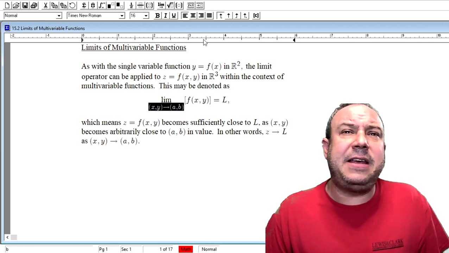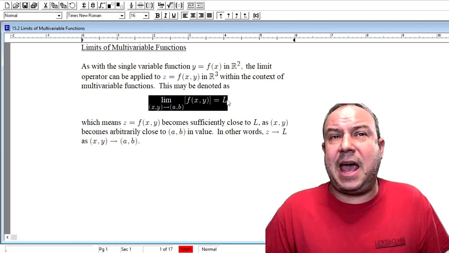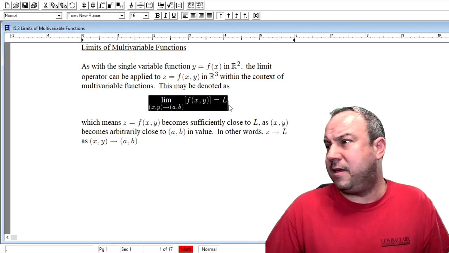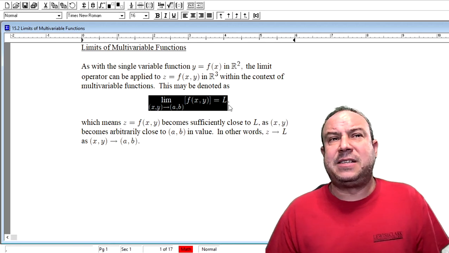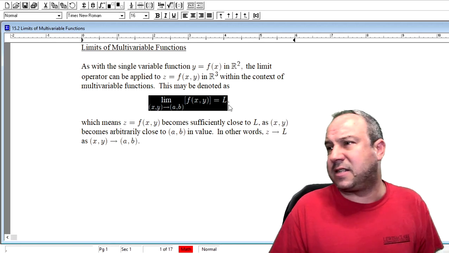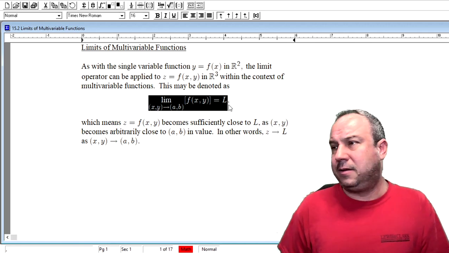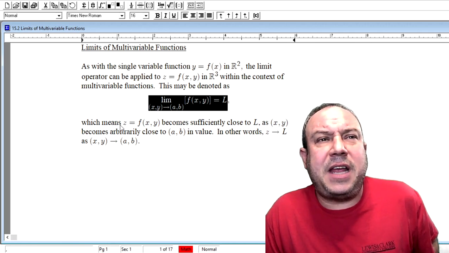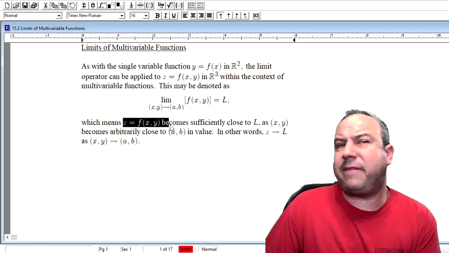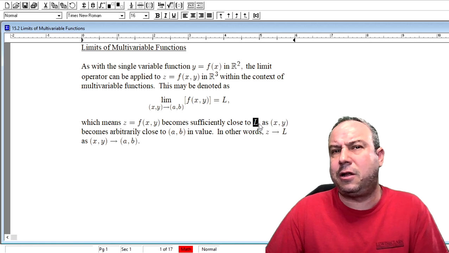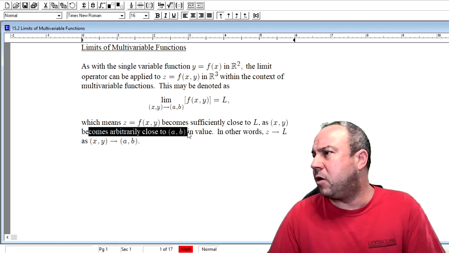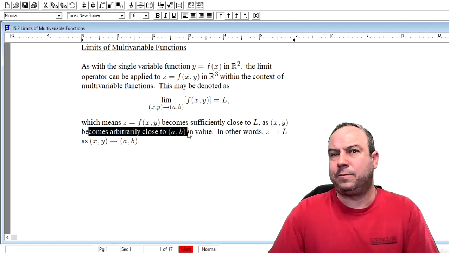Right? And if that limit equals L, the way we understand this statement, the limit as x, y approaches a, b for function f of x, y being equal to L, is as follows. It means z, or f of x, y, becomes sufficiently close to L as x, y becomes arbitrarily close to a, b in value.